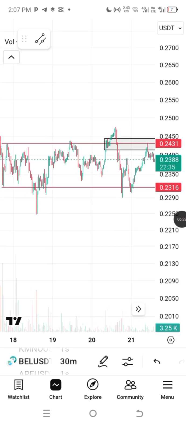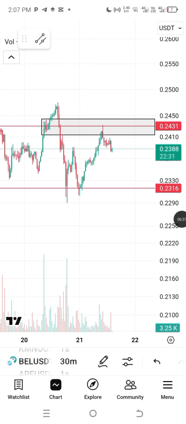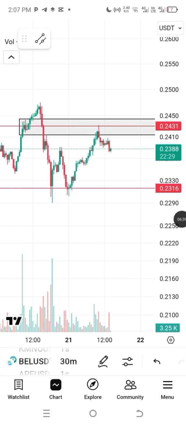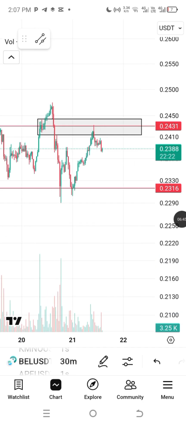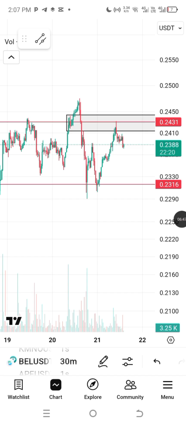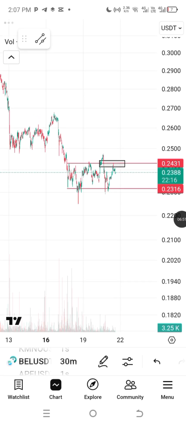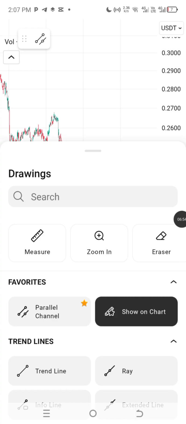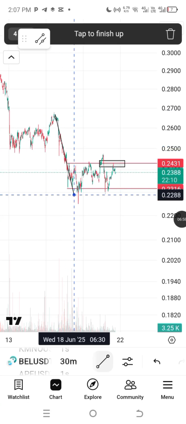All right, look at this. You see, perfect trade setup. Perfect trade setup. Amazing, isn't it? Now, what is going to be our target? Our target most likely is going to be the distance of this pole, because this is looking like a flag.